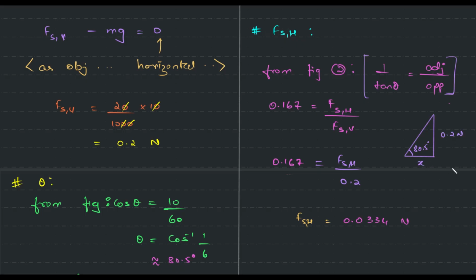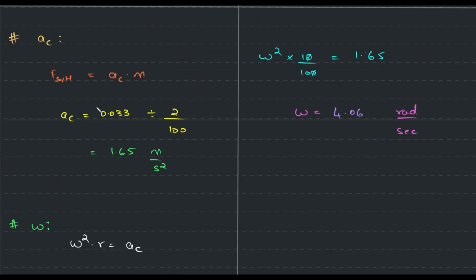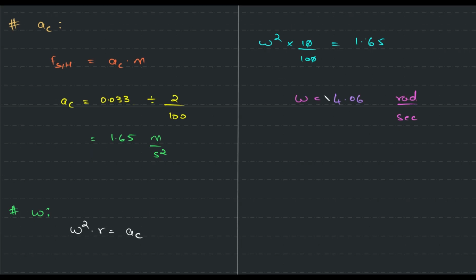We are trying to figure out this. That's all I did over here. So tan theta is opposite 0.2 by x. So if I interchange, x will be 0.2 divided by tan theta, and so the answer. So once I know the force, then I can figure out the acceleration. Once I know the centripetal acceleration, I'll be able to figure out the velocity, angular velocity over here.